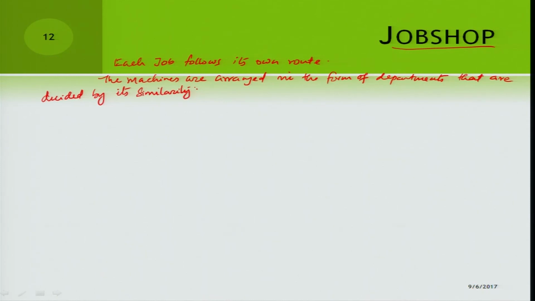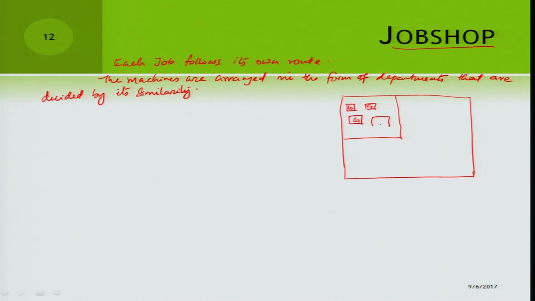Let me give you an example. Let's look at a factory from the top. I'll draw it at one side, because then I can draw the other flow layout on the other side. So if you look at a small factory like this, I can have, let's say, G, G, G and G. I'm drawing it this way.